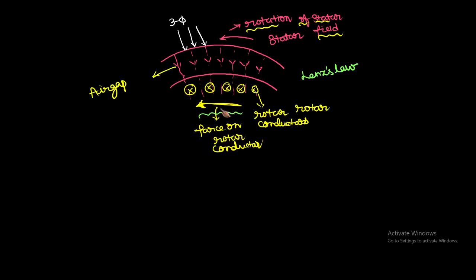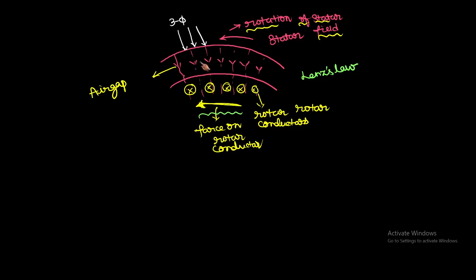That's why the rotors are trying to oppose the cause. What is the cause of production of this? The cause is the magnetic field which is produced by the stator field. So the rotors are always trying to rotate to oppose this magnetic field produced by the stator.